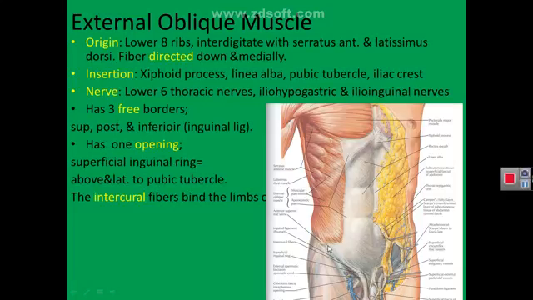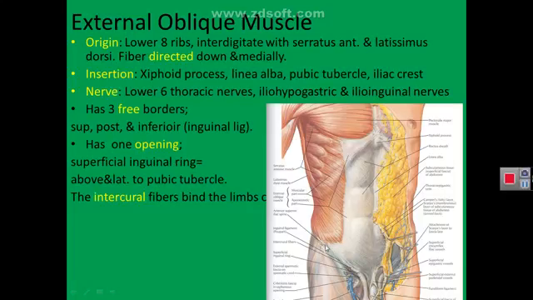If you remember from the lectures on the anatomy of the thorax, the inguinal ligament is defined as the lower free border of the aponeurosis of external oblique muscle that extends from the anterior superior iliac spine to the pubic tubercle.